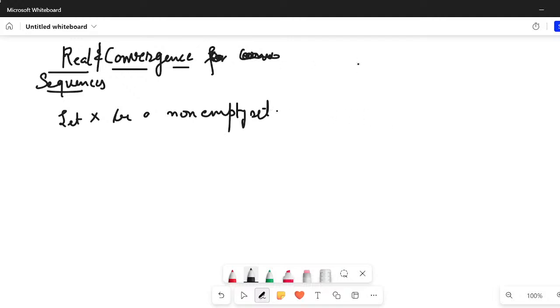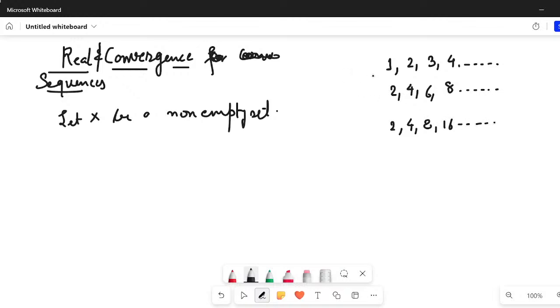What is a sequence? How do you associate yourself with a sequence? Let's say I have a sequence 1, 2, 3, 4, and so on. Or my sequence is 2, 4, 6, 8, and so on. Or my sequence is 2, 4, 8, 16, and so on.